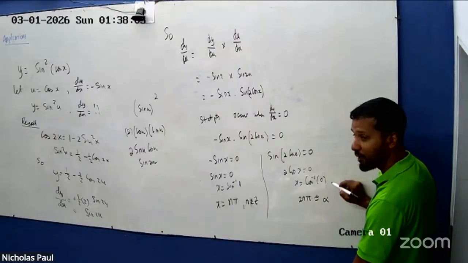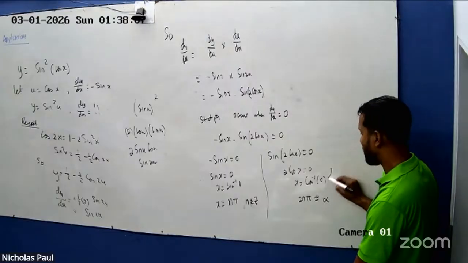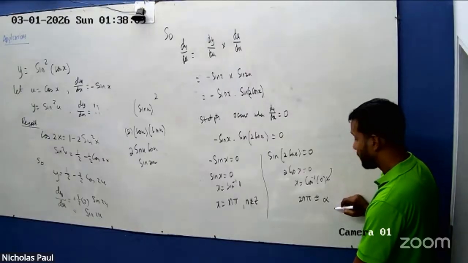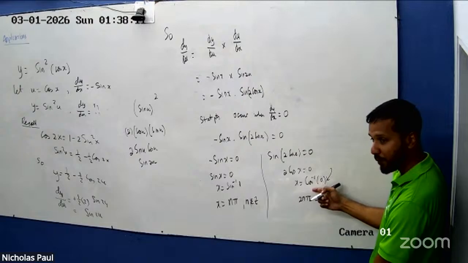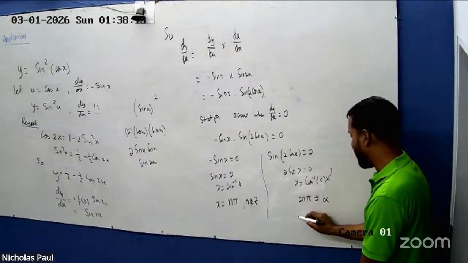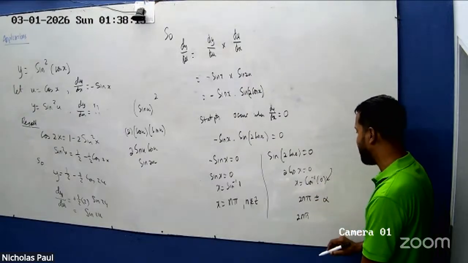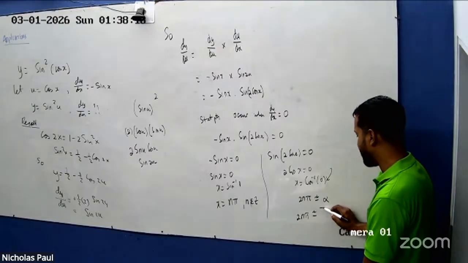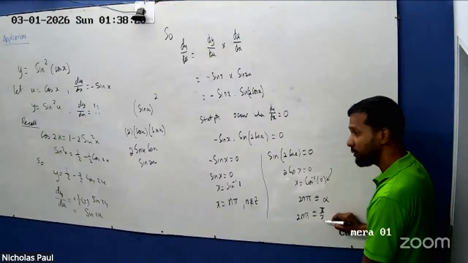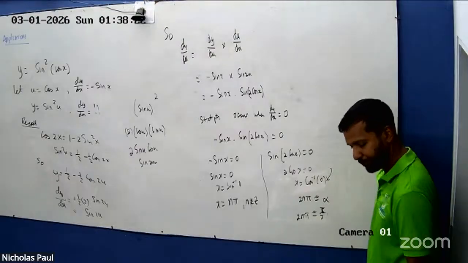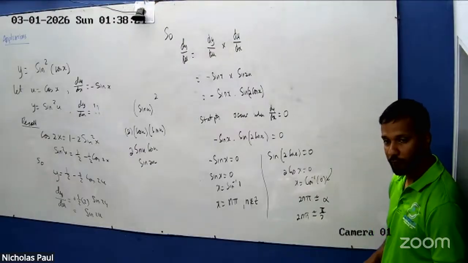And alpha is what? What is alpha? It comes from this. So you end up with 2n pi plus or minus what? Pi on 2, you all said. Pi on 2.